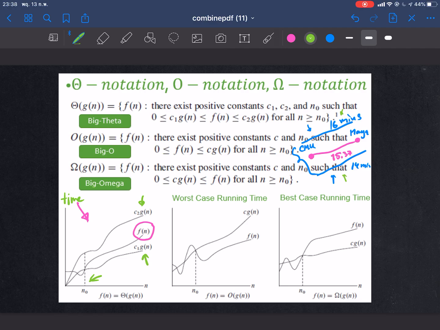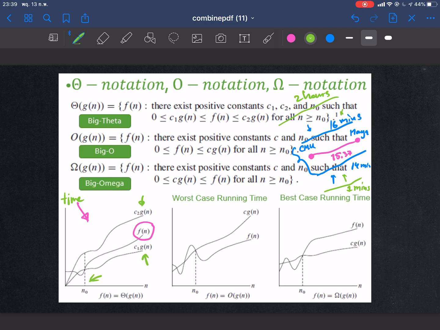Okay, and in real life, you may tell your friend that it takes at least 1 minute, which is true, right? Or at most 2 hours, which is true, right? However, it's not close to your time.